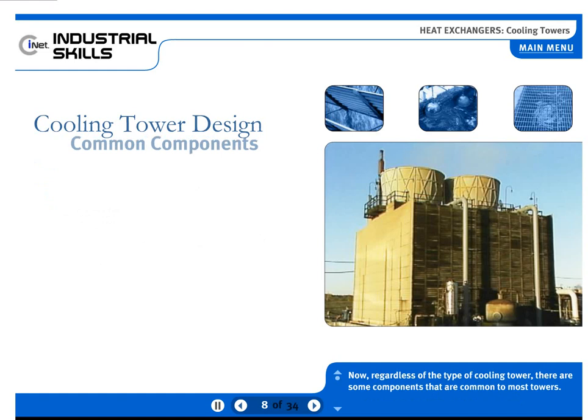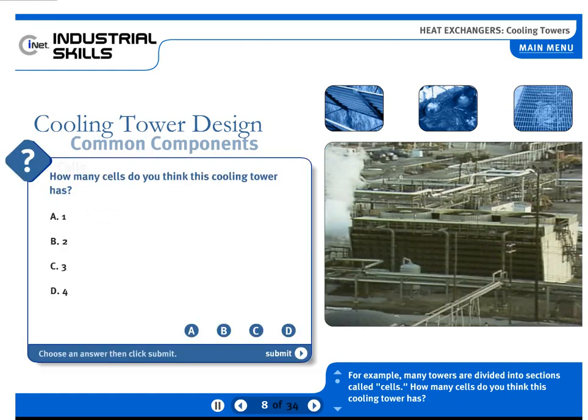Now, regardless of the type of cooling tower, there are some components that are common to most towers. For example, many towers are divided into sections called cells. How many cells do you think this cooling tower has?